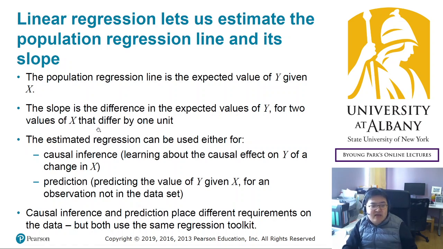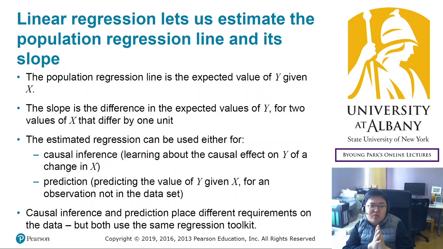So as I said, beta 1 can be understood like this. Suppose that the student-teacher ratio is now 20. What would be the change if you increase the student-teacher ratio to 21? Or lower the student-teacher ratio to 19? The answer is beta 1, right?